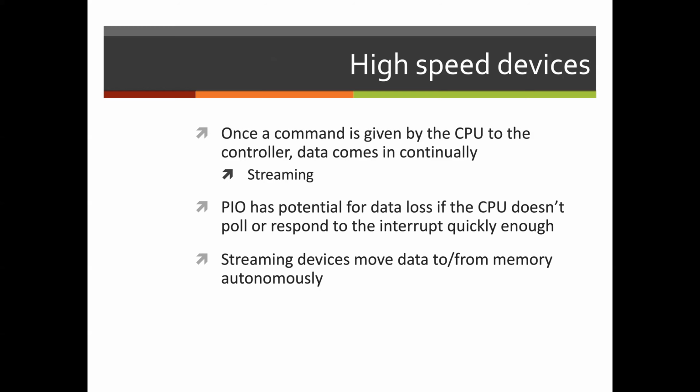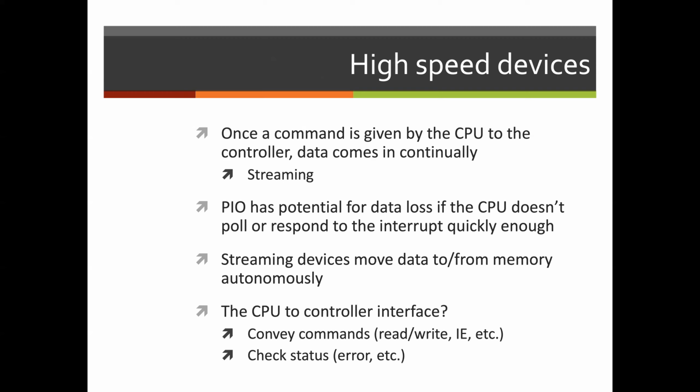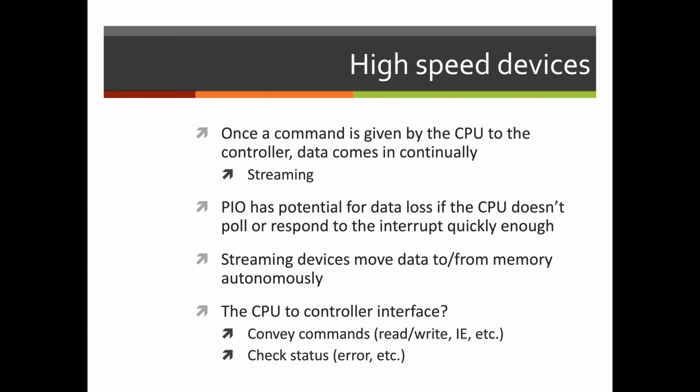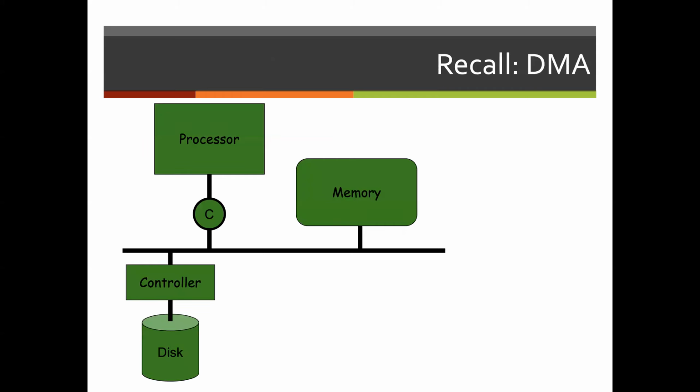And so what is the CPU to controller interface? We need to be able to convey commands, read and write, interrupt enable, and then we also need to be able to check the status for any errors that may be present as well. And so you'll want to recall that with direct memory access, we're able to utilize our device controller to transfer data between itself and memory.